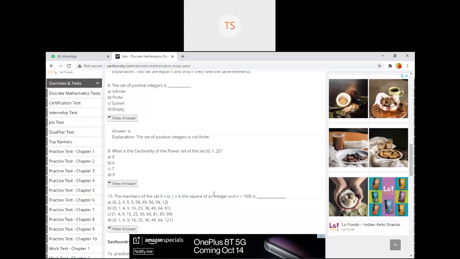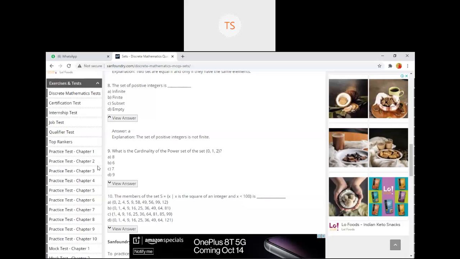Here the value of n is 3. So, 2 to the power 3. What is the value of 2 to the power 3? You have to multiply 2 three times. 2 into 2 is 4, 4 into 2 is 8.